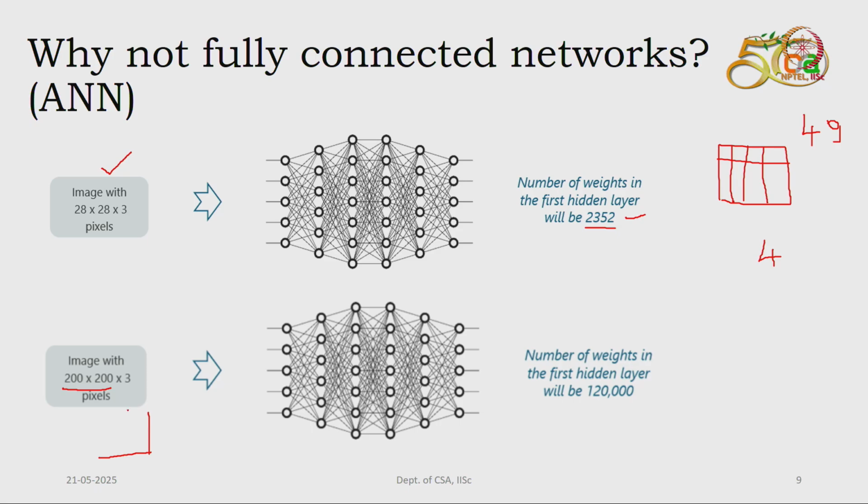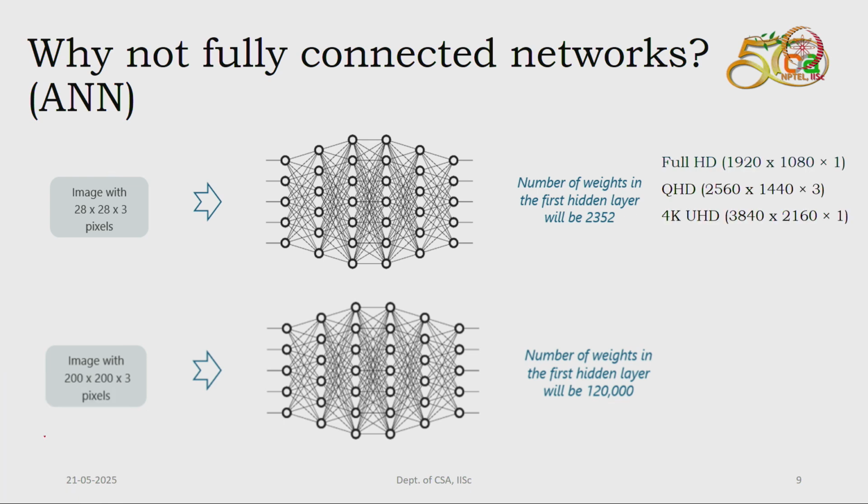Now, if you consider this particular image, look at the input dimension. The input dimension is 1,20,000. So, this is something very huge that you are passing to a neural network.